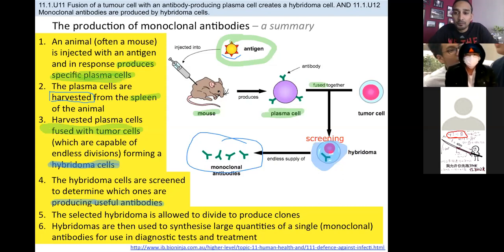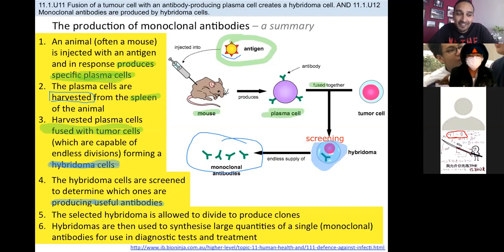Does the mouse die? Like after the plasma cells are removed from the spleen. I think it depends on how the antibody... What is a spleen anyways?